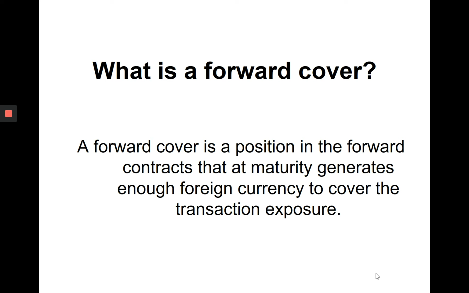If you have done my past lectures, you are already familiar with forward covers because when we did the interest rate arbitrage in lecture 2, we had a covered interest rate arbitrage, and this word cover came from the fact that we purchased a forward contract to pay off these future payments of foreign currency at a fixed price. So forward cover is something that we are already familiar with.